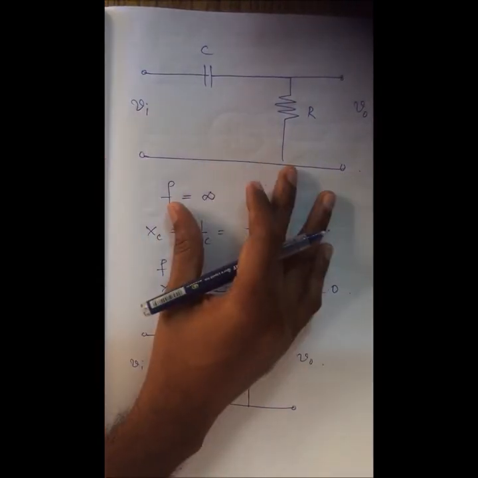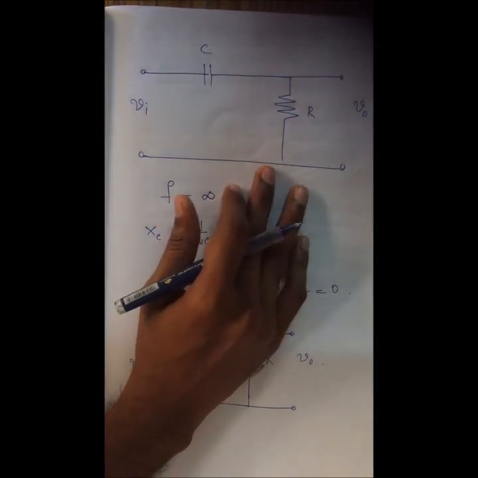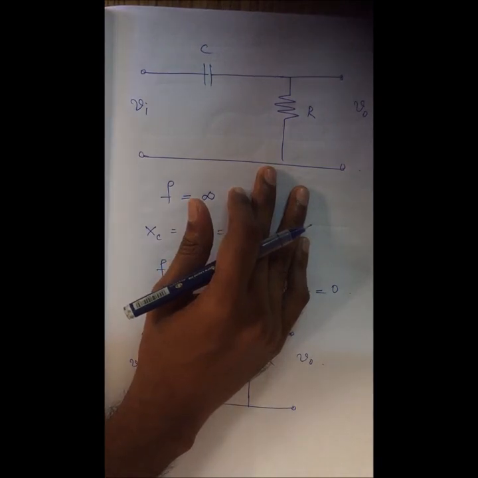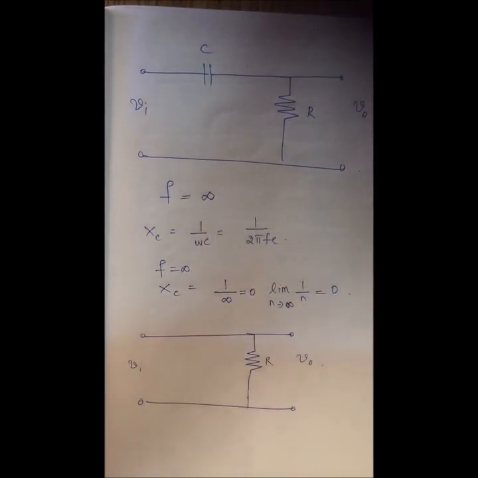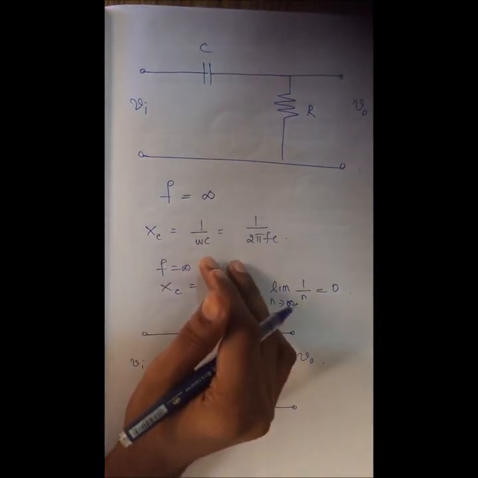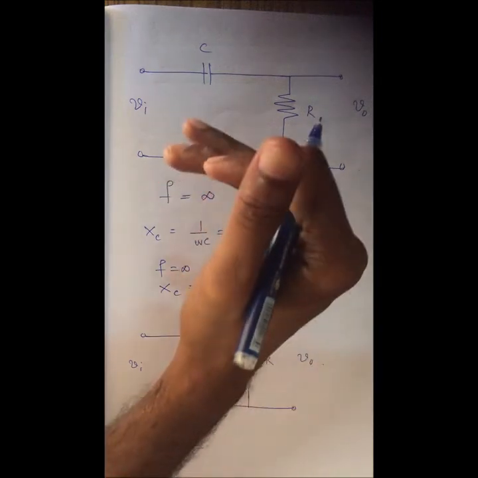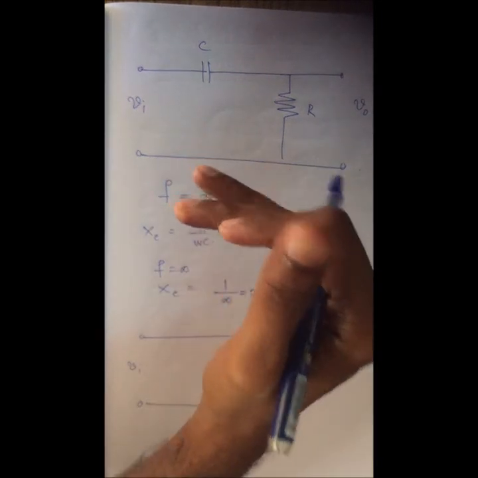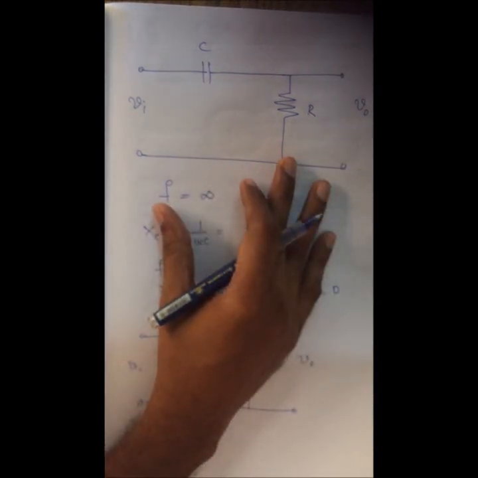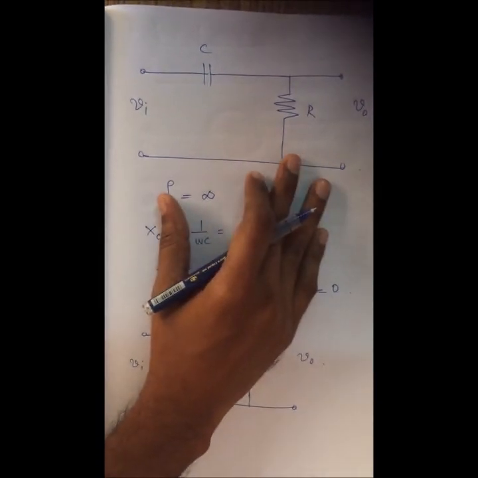For understanding the behavior, we will be deriving the transfer function of the circuit. The transfer function will help us to plot the magnitude response as well as the phase response of the circuit. So in the next lecture, I'll be clearly teaching you the transfer function derivation of this particular circuit.